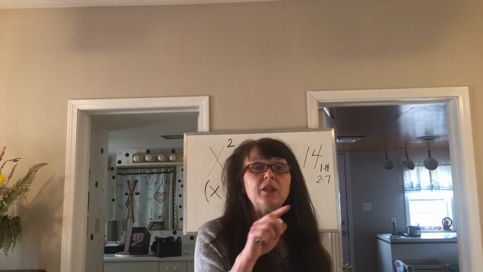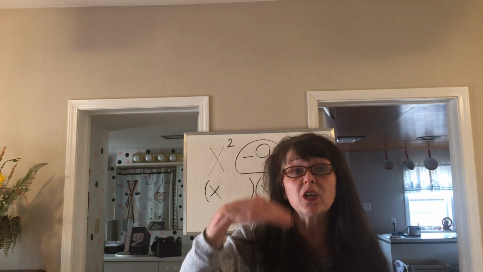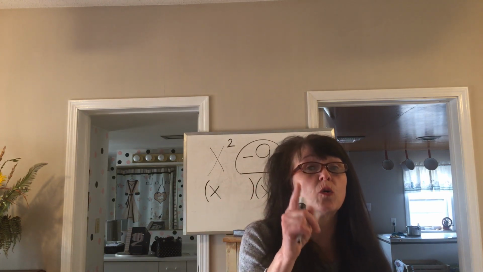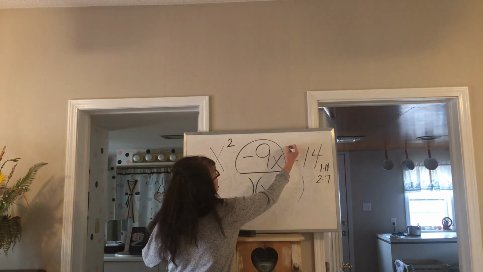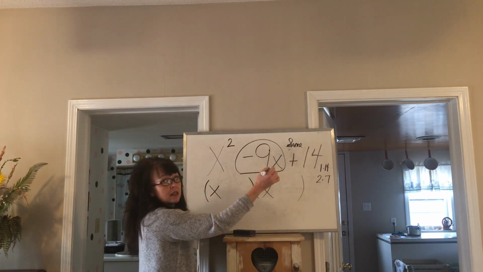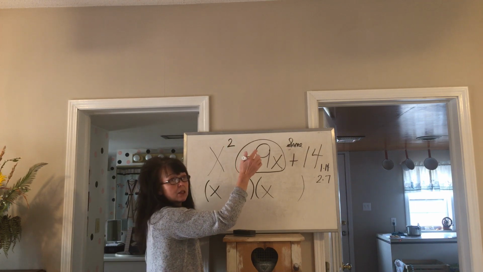Okay, but is it going to be 2 pluses? Or is it going to be 2 minuses? Because you got 2 choices there. This is how you know which one to pick. This plus sign means they're going to be the same kind of signs. And it could be plus plus or minus minus.